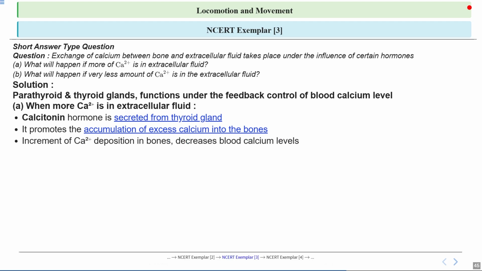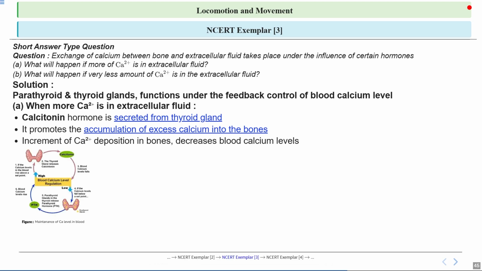Now, when blood calcium levels are too high, the body responds by increasing the deposition of calcium ions into the bones, and this process is called calcification, which leads to storing of excess calcium in the bones, which lowers the concentration of calcium in the blood, bringing it back to the normal range. So this mechanism is a part of the body's way to maintain homeostasis, ensuring that calcium levels remain balanced for proper functioning of muscles, nerves, and other bodily processes.